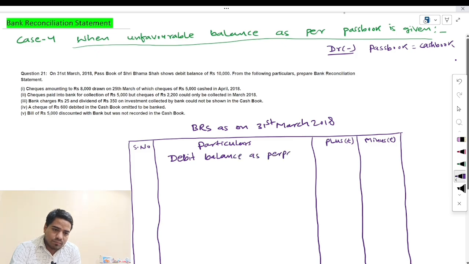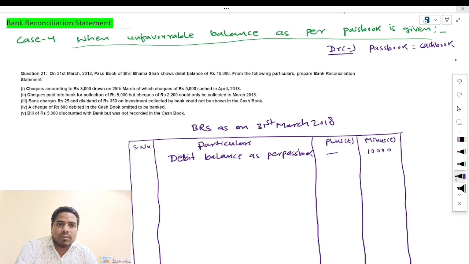How much is the debit balance as per passbook? It is 10,000. We will write it in the minus column because this balance is unfavorable. Now, following particulars, prepare the bank reconciliation statement.